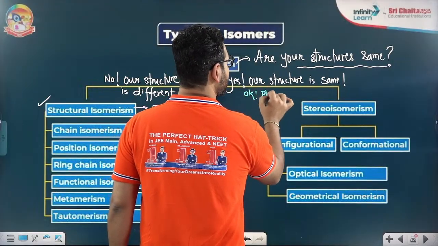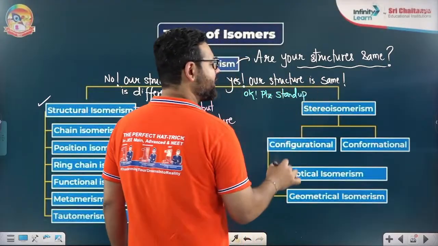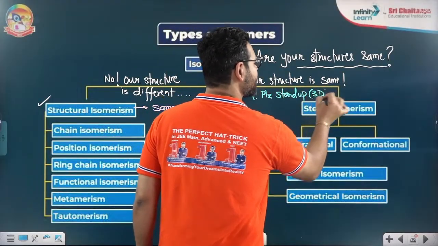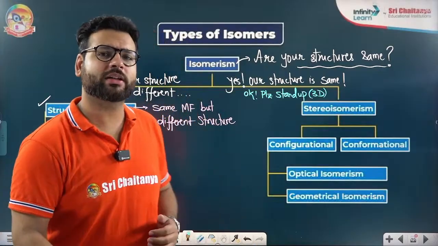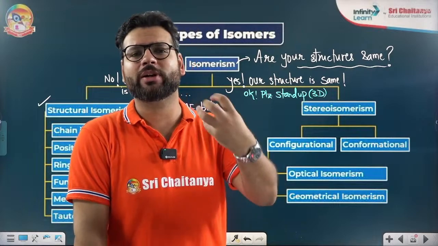Once they stand up and come into 3D, three dimensions, then you see that their structure was the same, but the spatial arrangement of their groups is different.